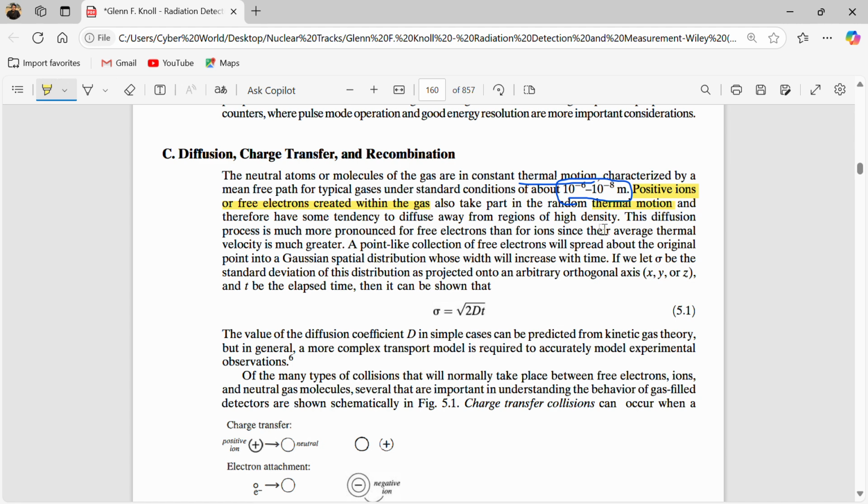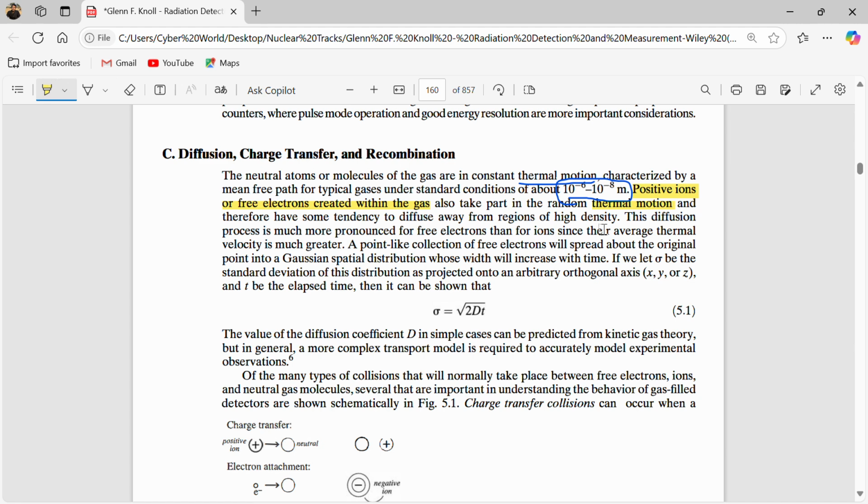So as the thermal motion increases, the tendency to diffuse away from high density is more pronounced for electrons than for ions, which have a much smaller average velocity.